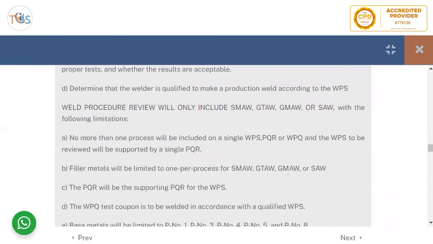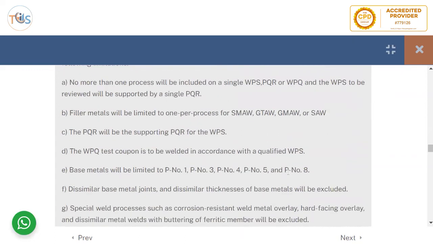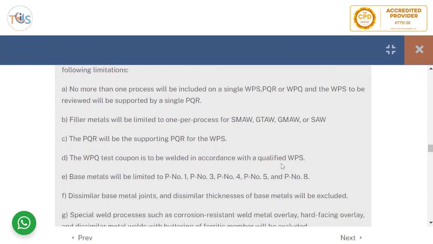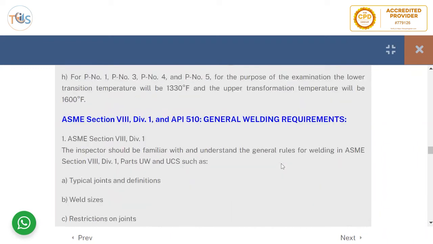About the procedures and welding processes, it would only consider shielded metal arc welding, gas tungsten arc welding, gas metal arc welding, or submerged arc welding. So it would be a very simple WPS, and you should know the very basics of what a WPS constitutes, what a PQR is, what a WPQ is, etc.